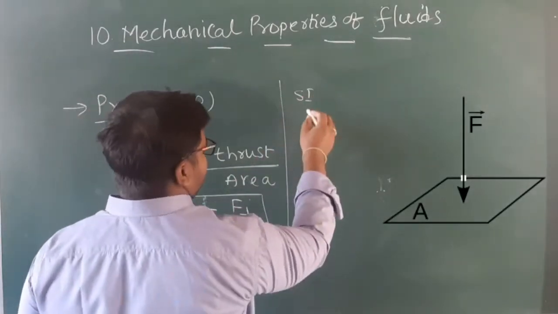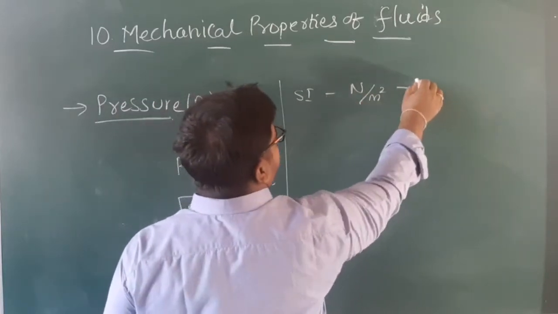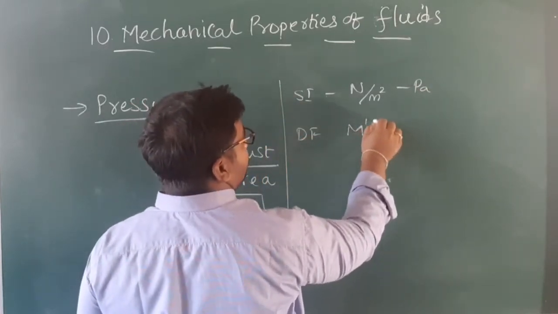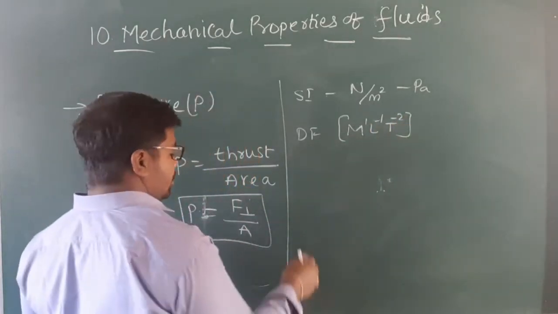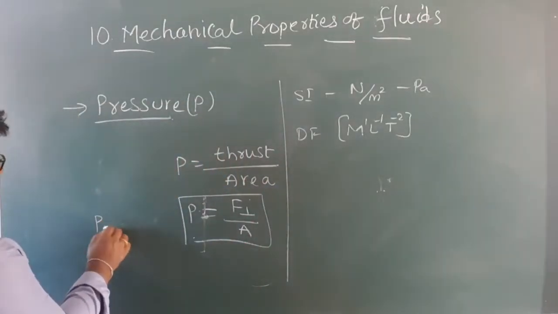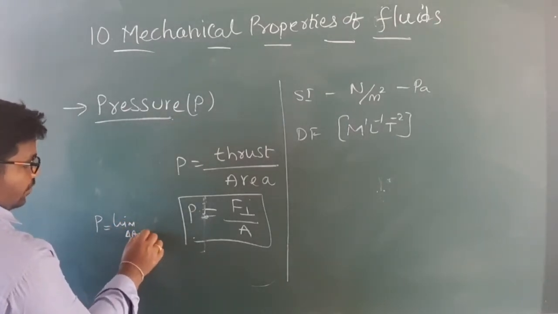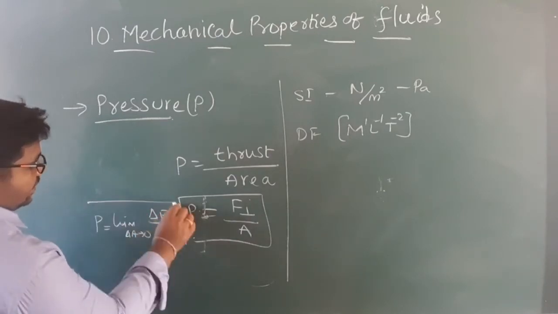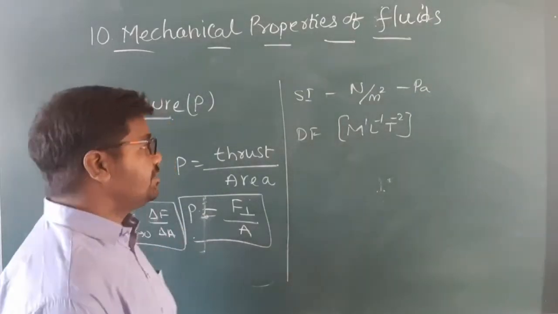SI unit is Newton per meter square or pascal. Dimension formula: M power 1, L power minus 1, T power minus 2. We can also define P is equal to the limit delta A tends to 0 of delta F by delta A, which is dF by dA. It is another, differential formula.